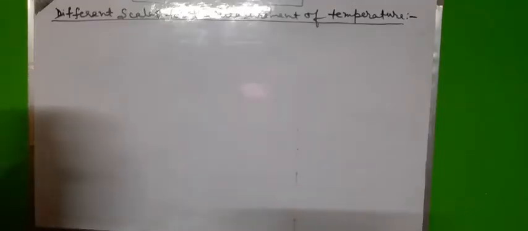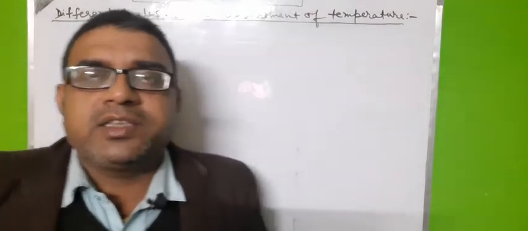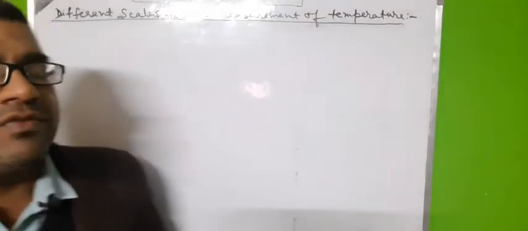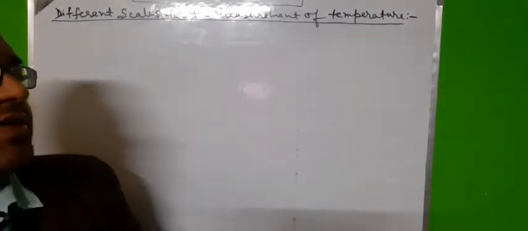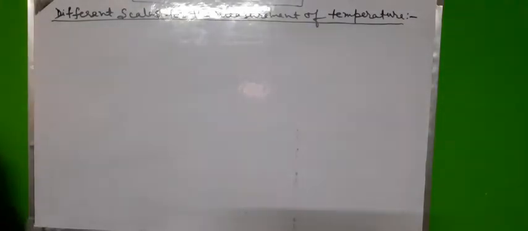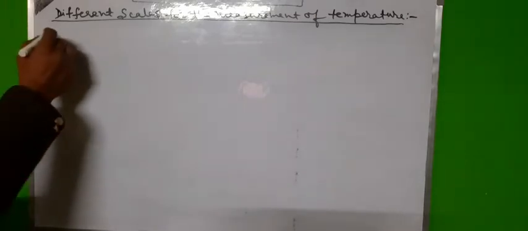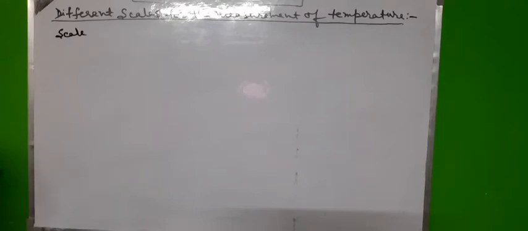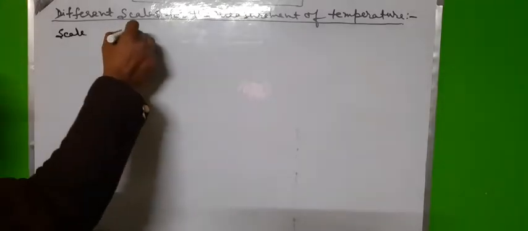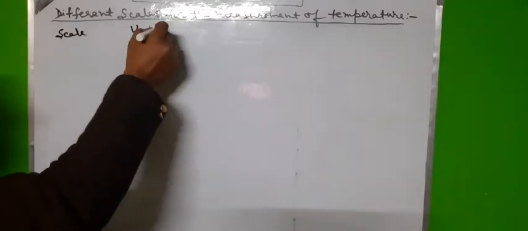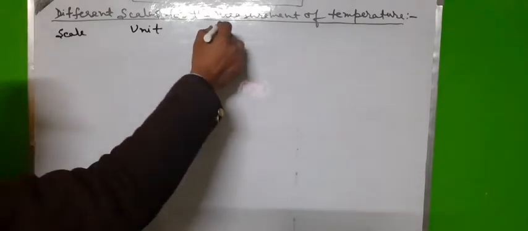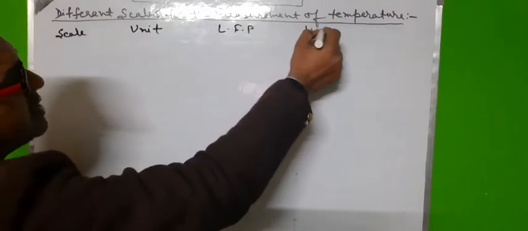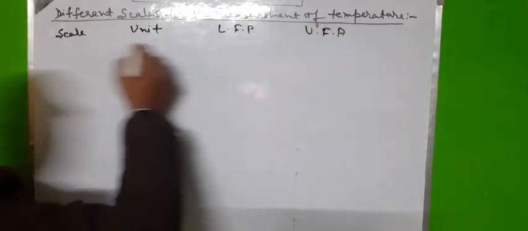So now dear students, we will discuss what the different scales are and what their lower and upper fixed points are. First of all, we are writing the scale, then unit, then lower fixed point, and then upper fixed point.